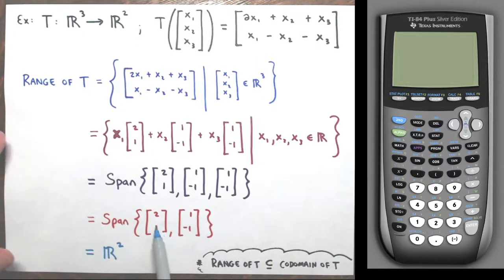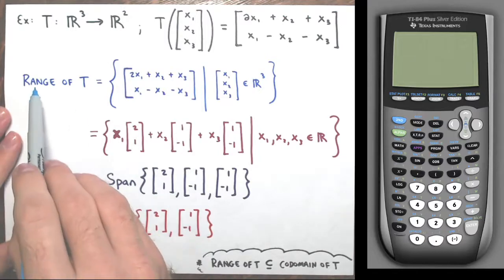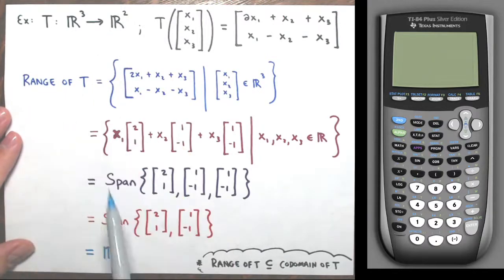And these are vectors from R2 that have a basis with 2 vectors in it, a dimension of 2. So that means this is R2. R2 had a dimension of 2 as well. Every basis for R2 had 2 vectors in it. So we could also say that the range of T is R2, all of R2. So every vector in R2 is going to be an output.